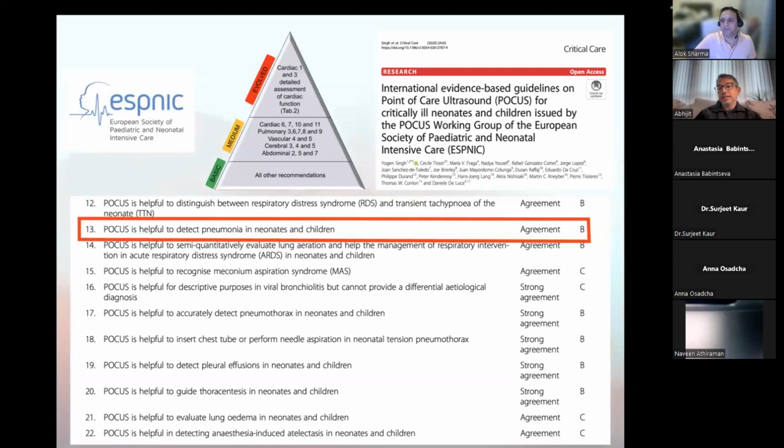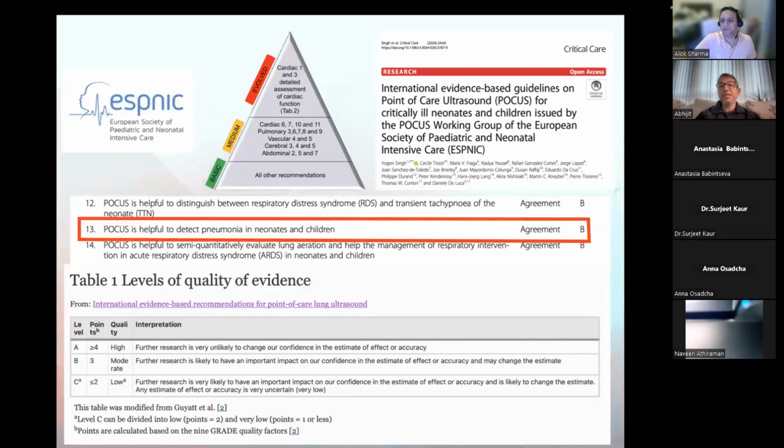It is with agreement of B quality, and that's where you see it's a moderate quality of evidence. So not yet A, but not rubbish like C either. So you can use it. And as a plethora of evidence is coming out, I'm sure it's going to move from B to A in the near future.